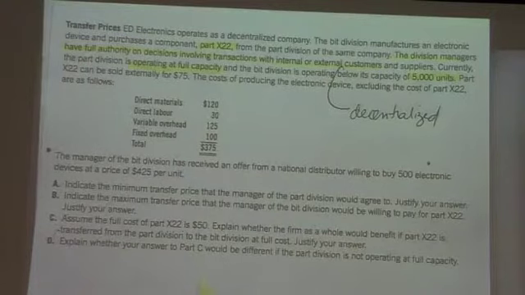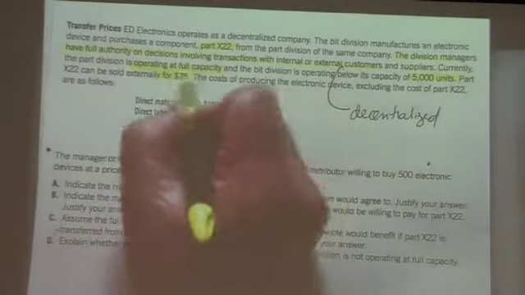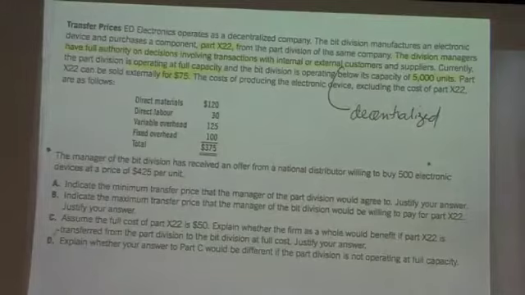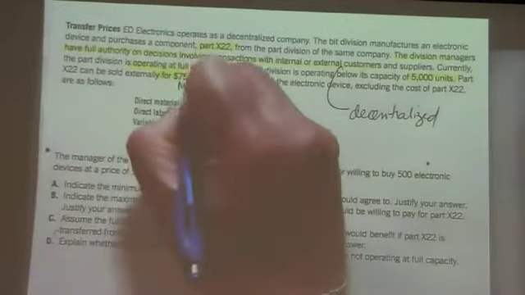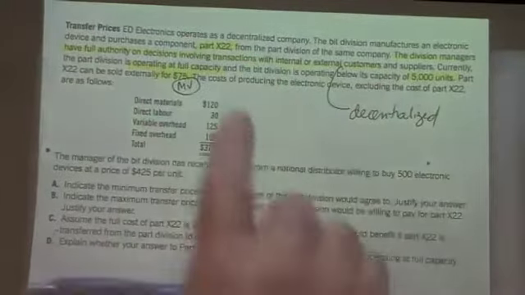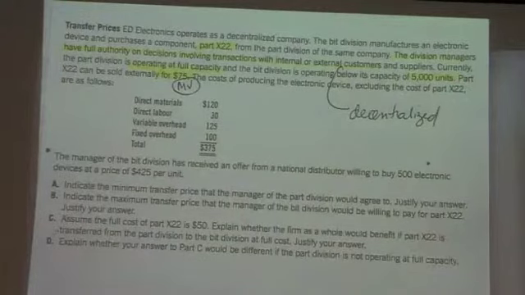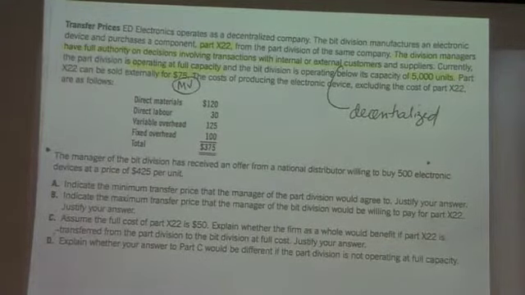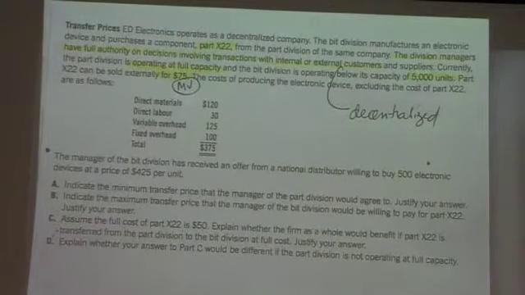Part X22 can be sold externally for 75. That would be the market value. Let's label that. And the cost of producing the electronic device, excluding the cost of part X22, is as follows. So they gave us the actual per unit cost to manufacture.